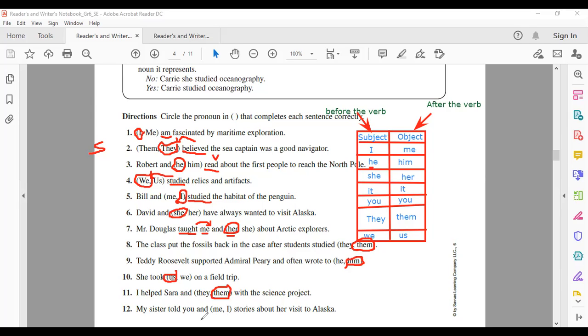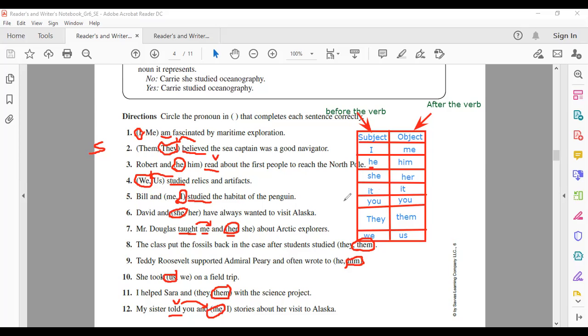My sister told me. Excellent. Why? Because it is an object. My sister told. Where's the verb? The verb is told. So anything that comes after the verb is an object. What is the object? Me. So it will be me.